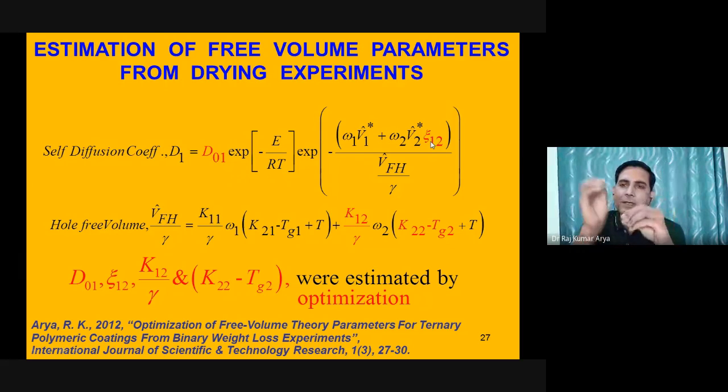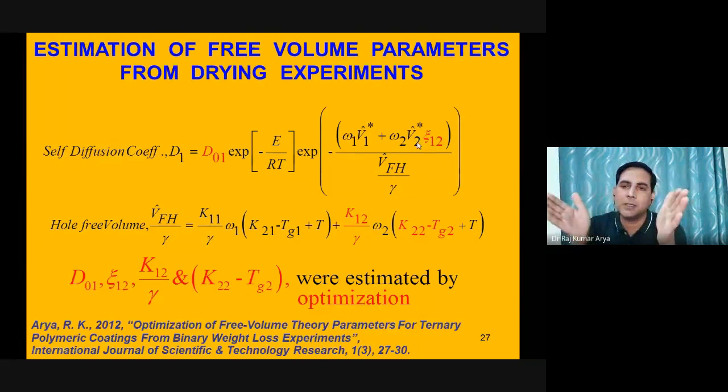They do the van der Waals motion, the Brownian motion. Whichever molecule is lighter would jump faster compared to the heavier one. So you are calculating this zeta 1, 2 here, and free volume.